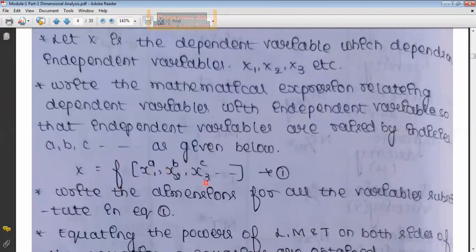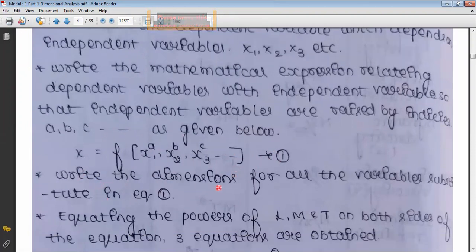Here you can observe I have raised the powers of the independent variables to a, b, and c. Here a, b, and c are unknown values. The dependent variable is on the left hand side. On the right hand side, you write the independent variables only, and you raise the power of each independent variable, say a, b and c. If there are 4 independent variables, it becomes a, b, c, d, like that. You call that equation 1. This is the functional relationship we have obtained.